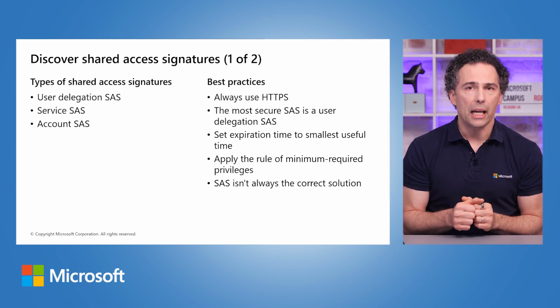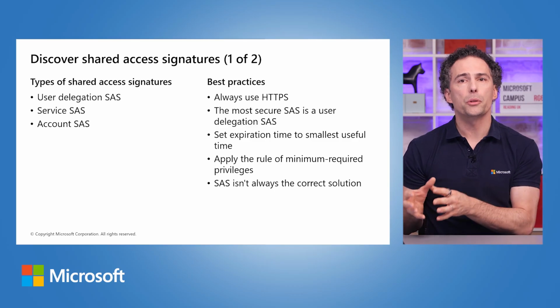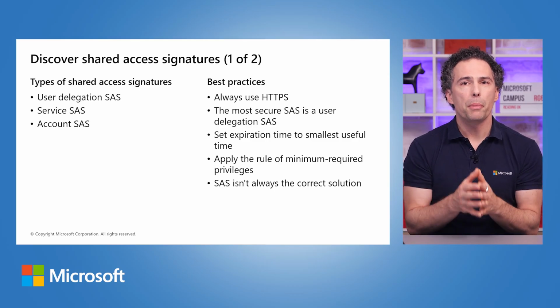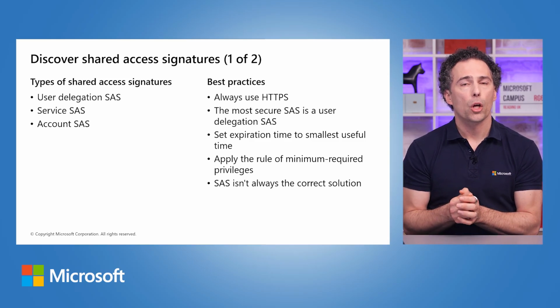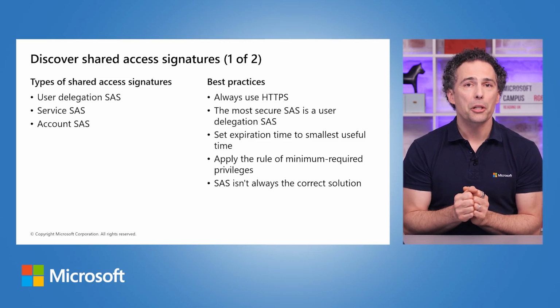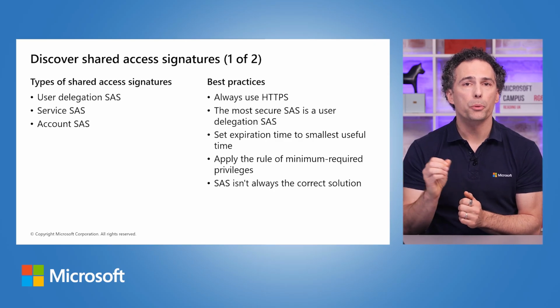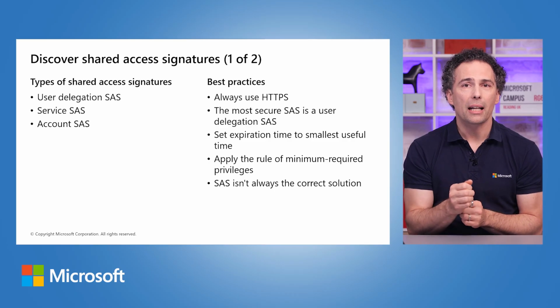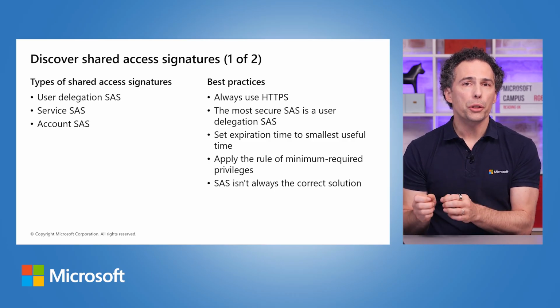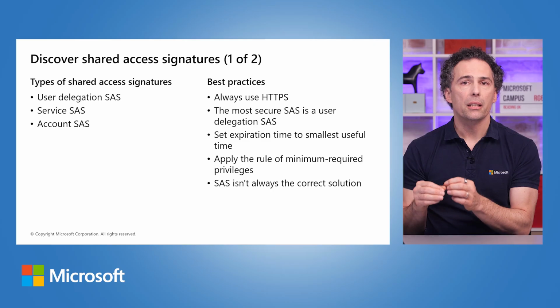A user delegation SAS uses Microsoft Entra ID credentials and the permissions that are set for the SAS to protect its access. Note, a user delegation SAS only works with blob storage, not with file shares, for example. A service SAS uses the storage account key to provide security.